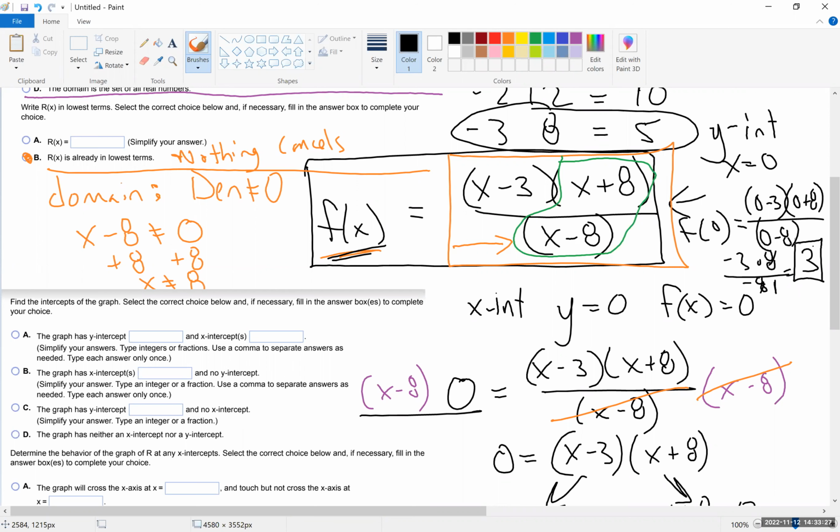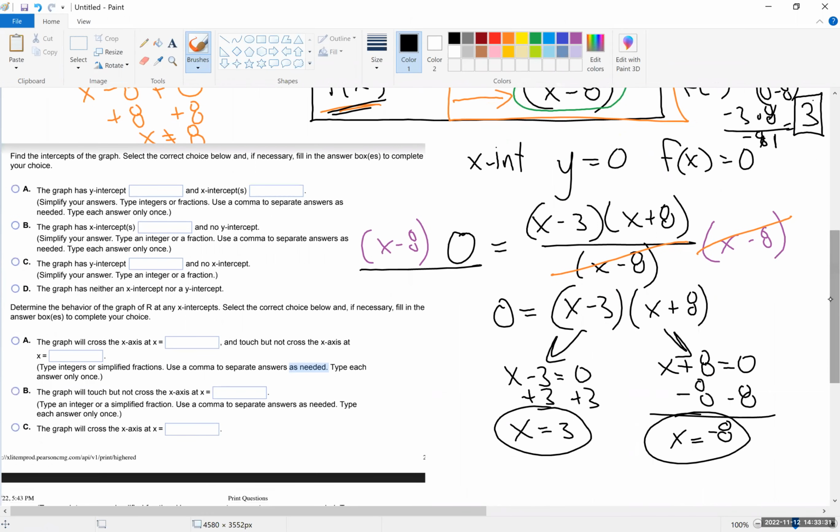So this is where we have to select the correct one. The y-intercept is y equals 3. We have 2 x-intercepts and we have 1 y-intercept. So the first one says the graph has y-intercept and x-intercepts. A is what we want to choose. B says there are no y-intercepts.